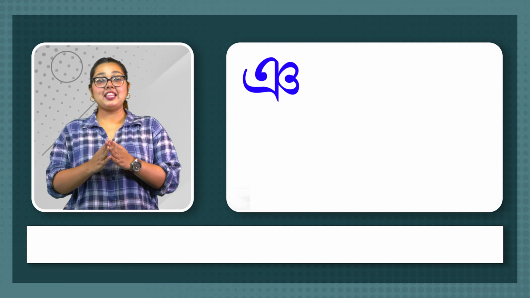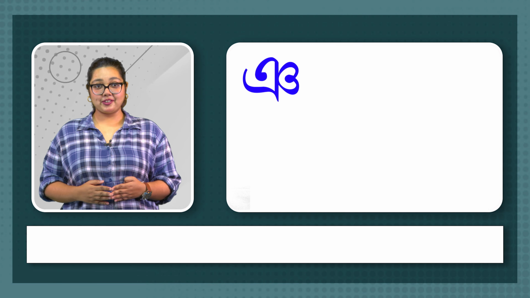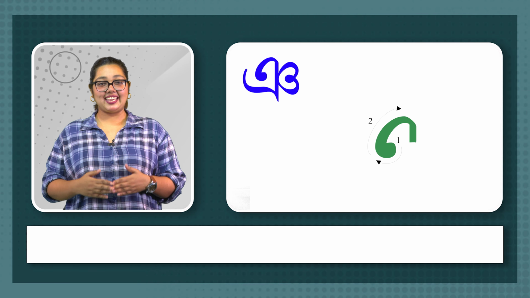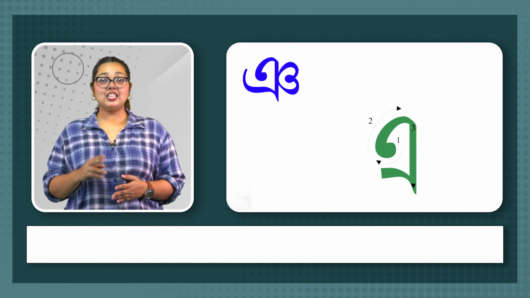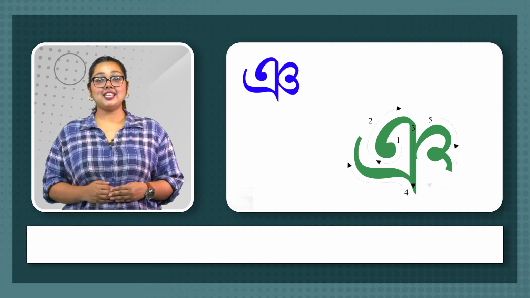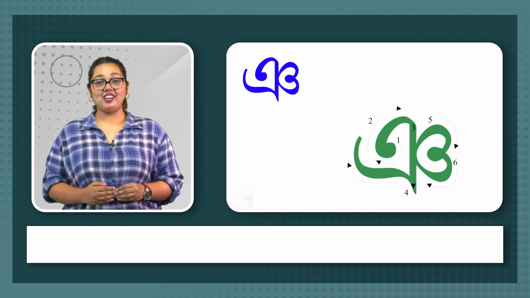It can also occur medially by making conjuncts or clusters with other consonants. We will talk about it later. Now, let's try to write this letter. First, we will start exactly like A. Now, we will add two curves like this. You have now successfully written the Bengali letter Nyo.